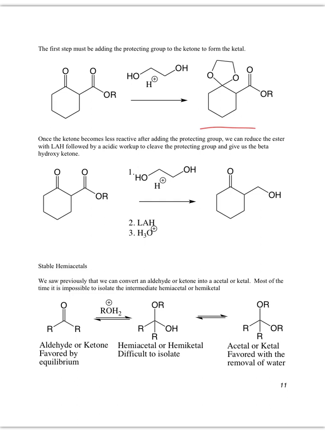So stable hemiacetals sometimes are possible. Most of the time the hemiacetal or hemiketal is not stable and continues on, either with addition of more alcohol and acid, or removal with water, depending on your conditions of the reaction.